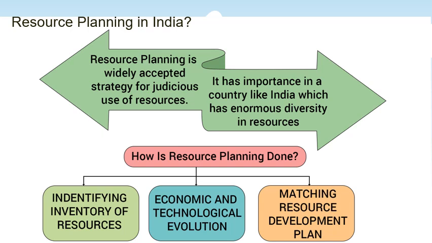Next, the second step is evolving a plan structure. After all the research, once we know which resource is available where, we plan with technology: which technology will be needed, the kind of skilled manpower required, and the kind of institutions we will need to set up.